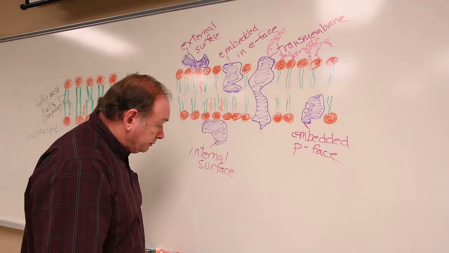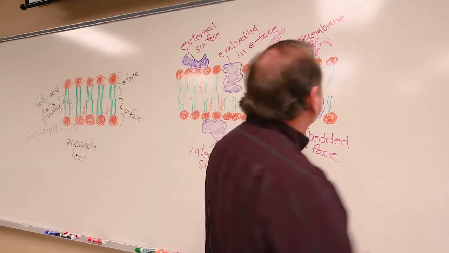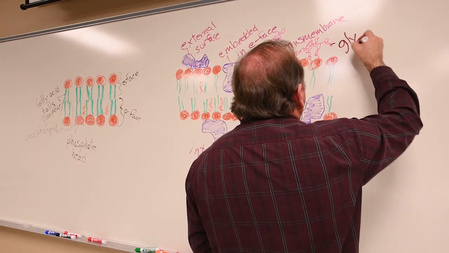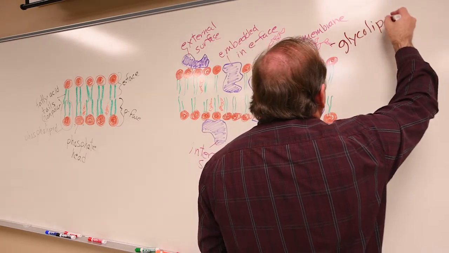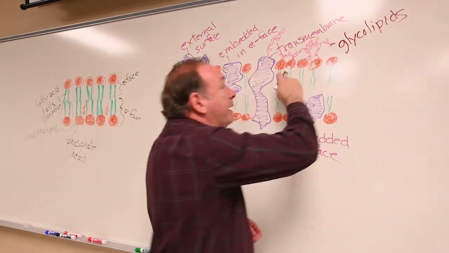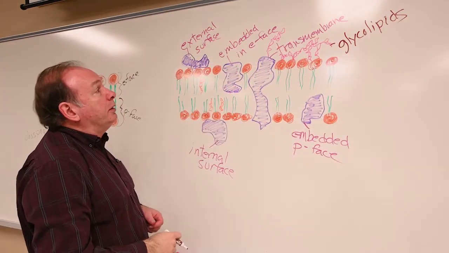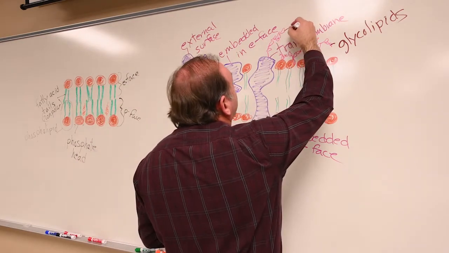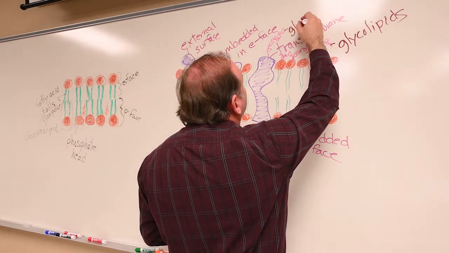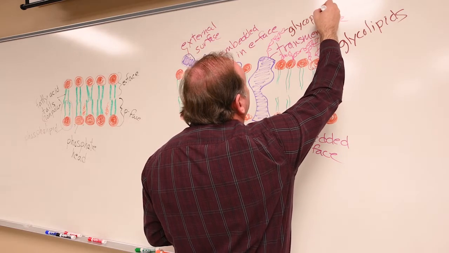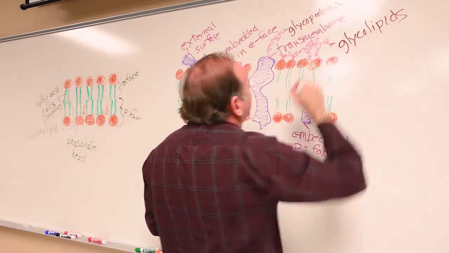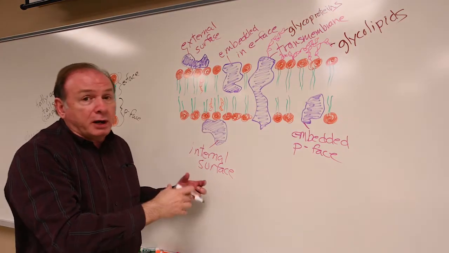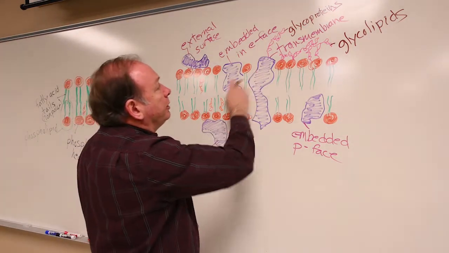So like I said, some of them are considered glycolipids. Carbohydrate chain attached to a lipid component of the membrane, and then there are glycoproteins that are associated with proteins. A carbohydrate unit attached to a protein unit.